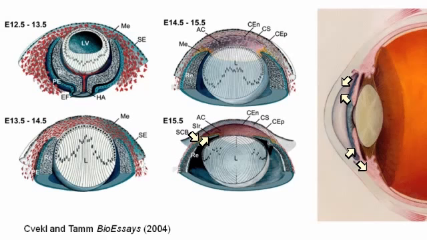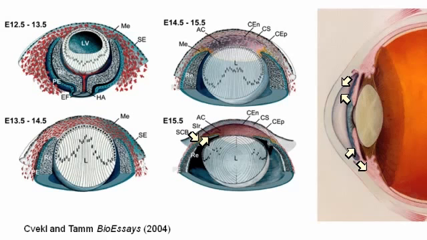So the important thing is that the eye develops from essentially three different tissues: the neural tissue, the overlying skin ectoderm, and also the migratory neural crest. The ability of the eye to form all of these structures requires a very exquisite conversation that's taking place between the neural tissue of the neural retina and the overlying skin ectoderm, which is going to give rise to the cornea and the lens.